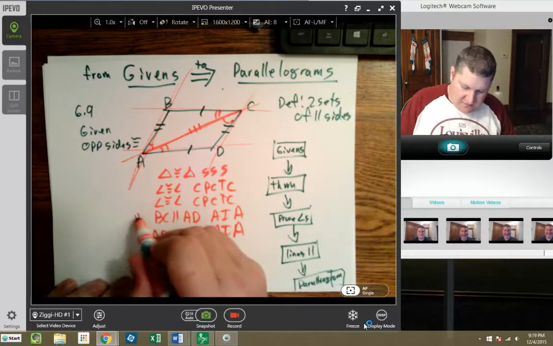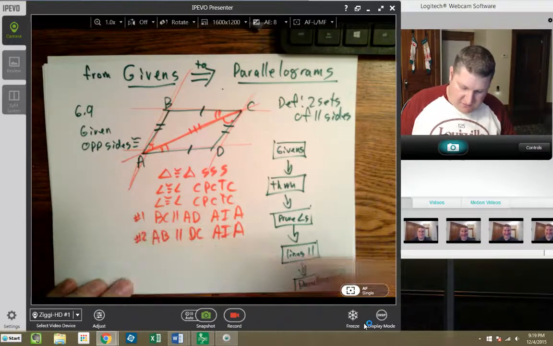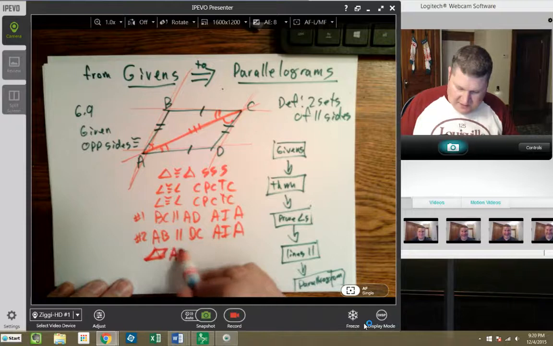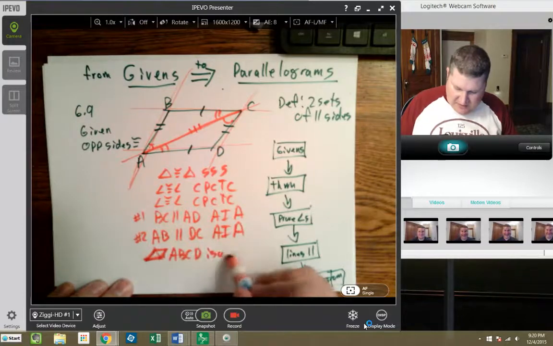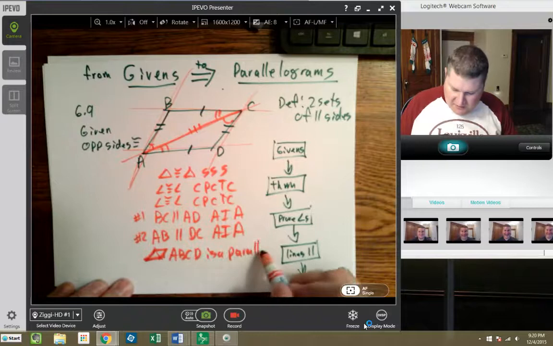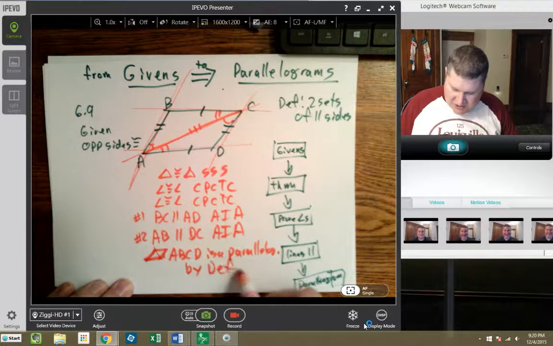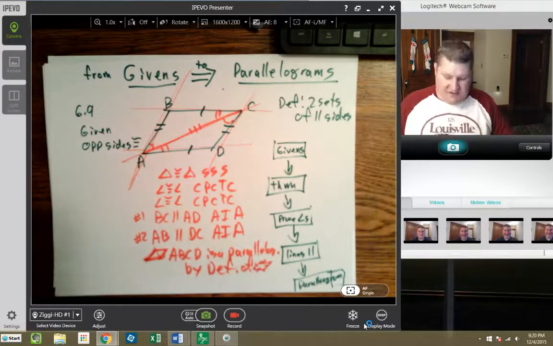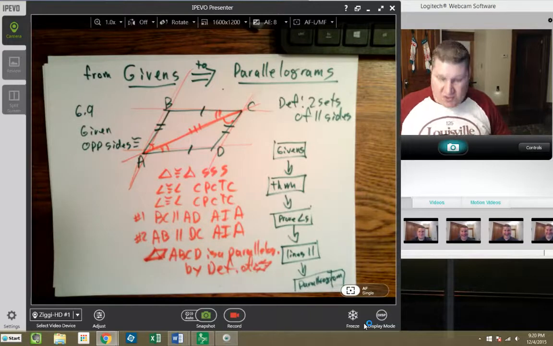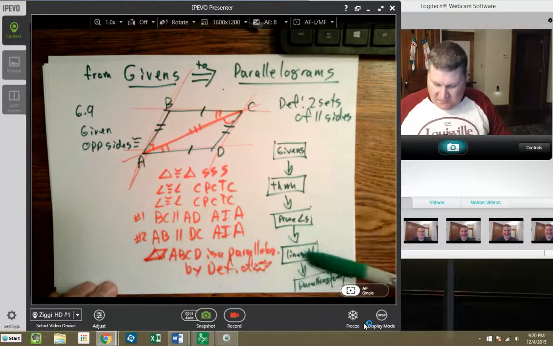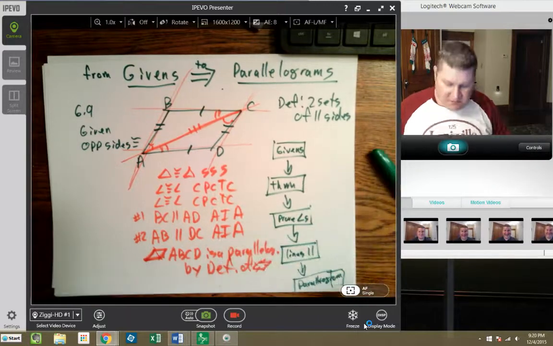As soon as I get set number 1 and set number 2 of parallel lines, I can say, not triangle, that quadrilateral ABCD is a parallelogram by definition of parallelogram. Okay, by definition of parallelogram. So again, givens, theorems, prove some angles, prove some lines parallel, now it's a parallelogram.